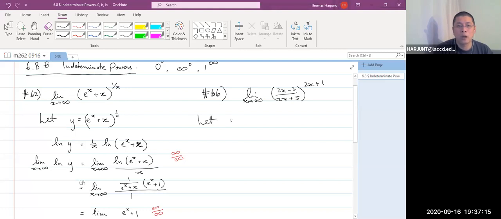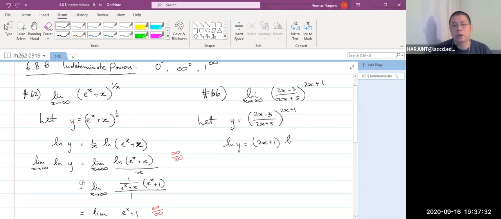Let y equal (2x minus 3 over 2x plus 5) to the power of 2x plus 1. So ln y will be 2x plus 1 times the natural log of (2x minus 3 over 2x plus 5).